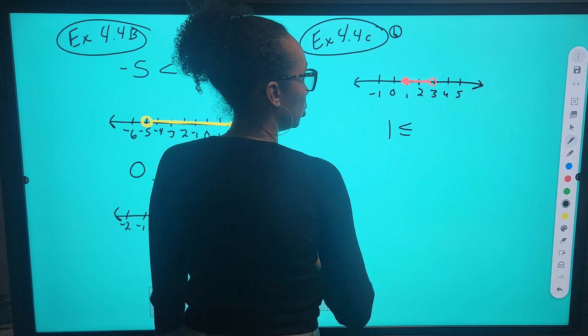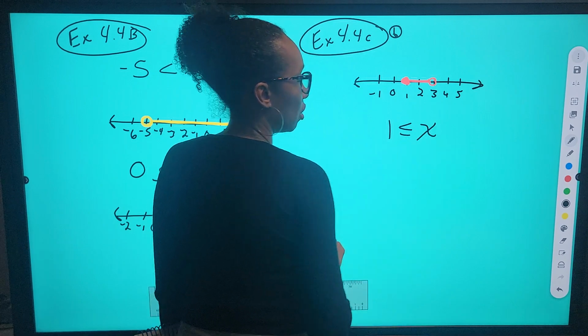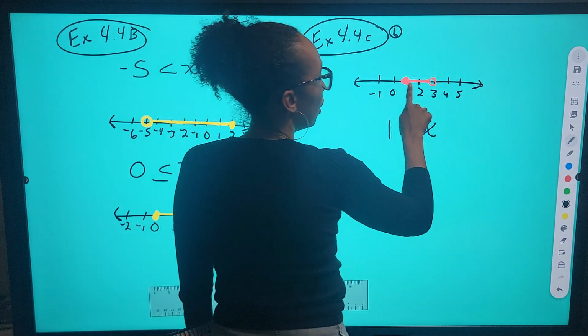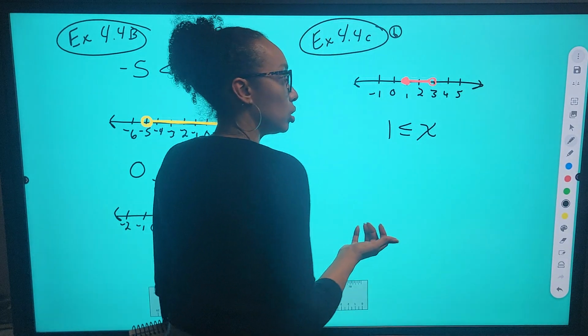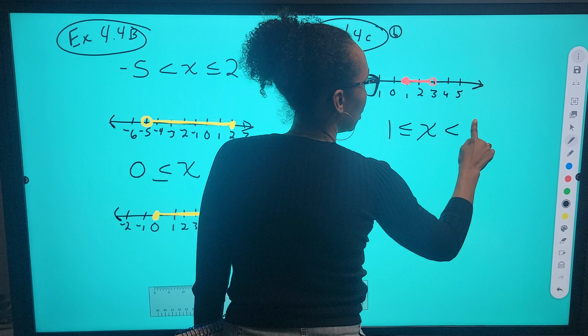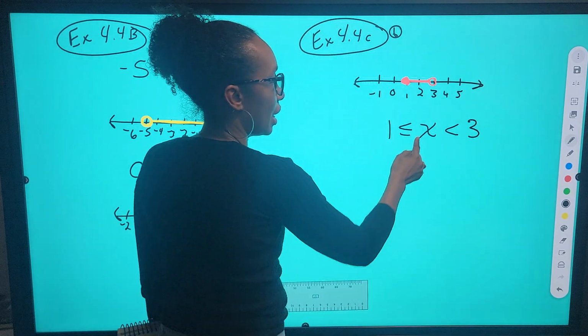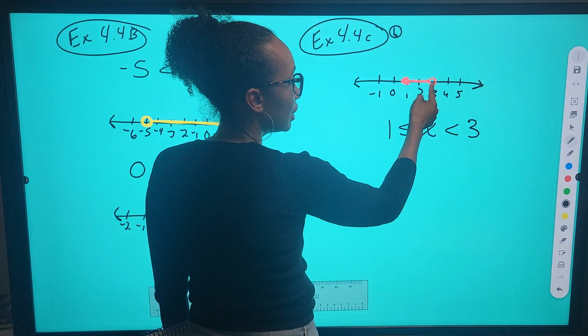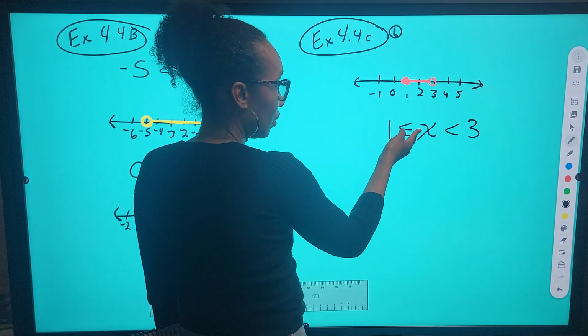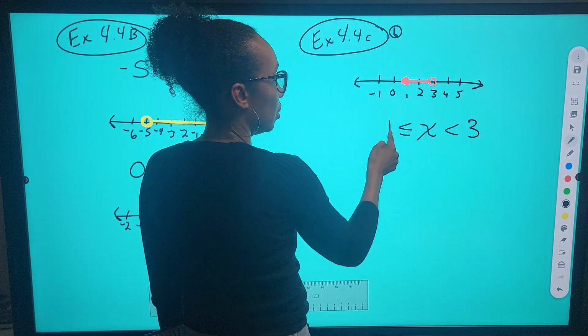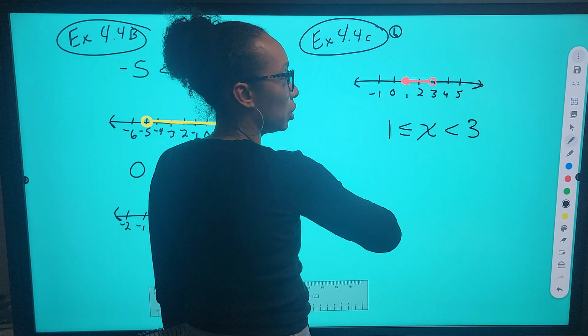So we need that equal to there. We need our variable x. And it stops at 3, but it's not equal to 3. So I see that x is a value that's less than 3, and it can't go any lower than 1, but it could actually be 1.